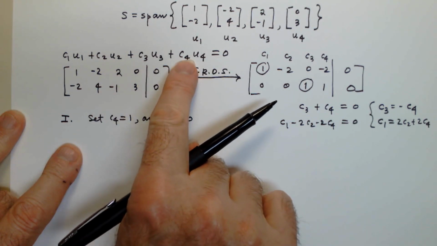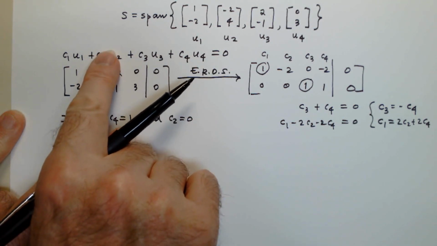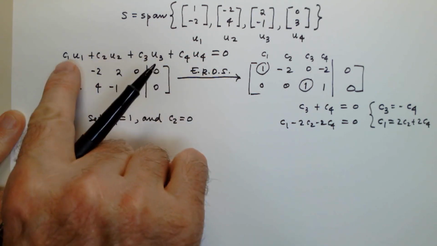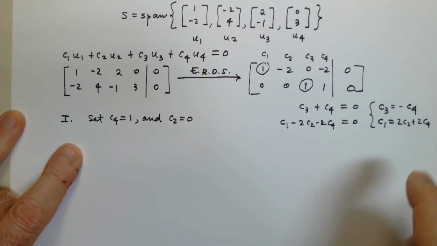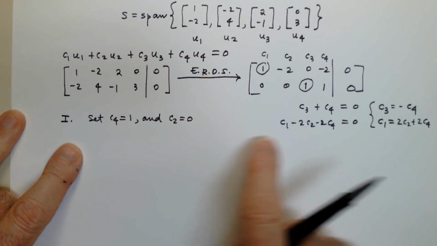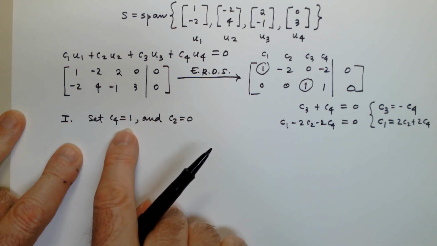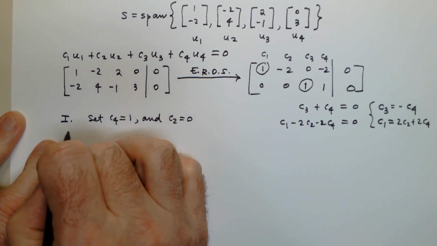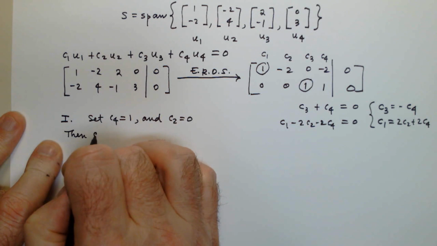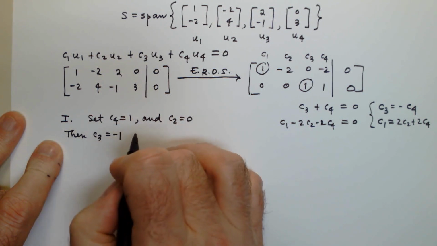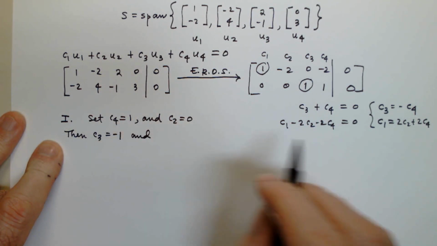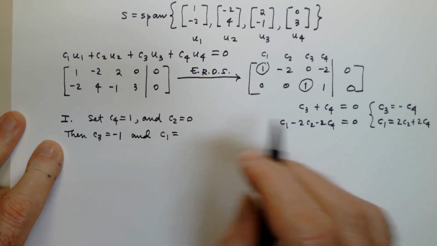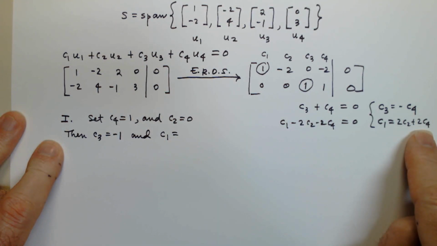I'm going to show you how U4 can be expressed in terms of U1 and U3. So let's check our equations here. If C2 is equal to 0 and C4 is equal to 1, we can see that C3 will be negative 1, and C1 will be equal to 2.